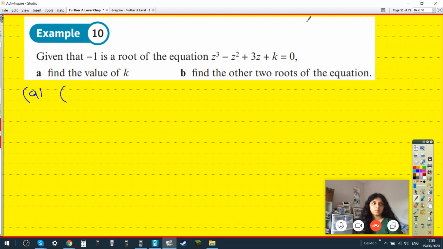As a bracket, a factor would be z plus 1. Okay. Yeah, if you substitute -1, you can just do that and then solve.